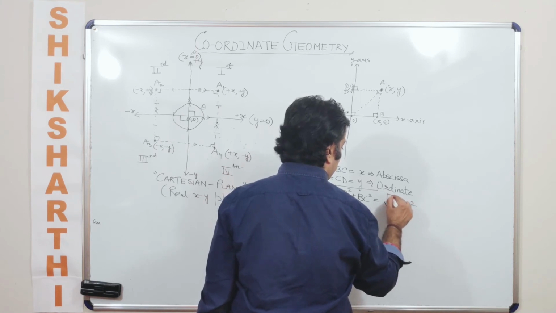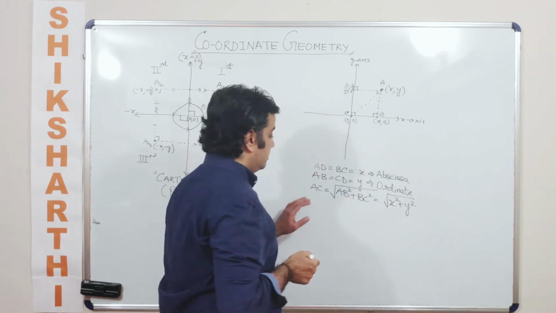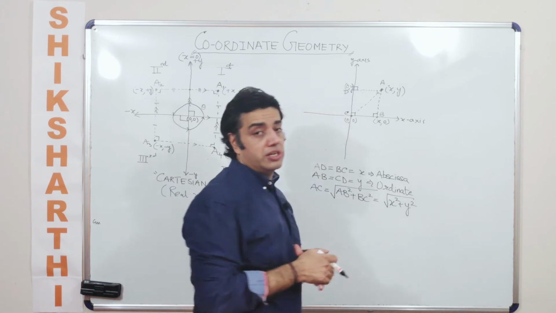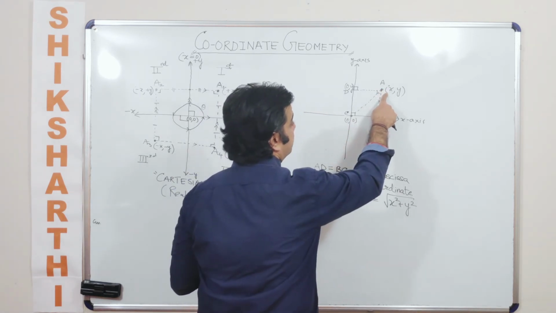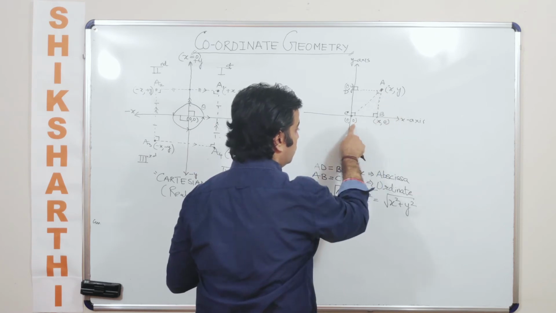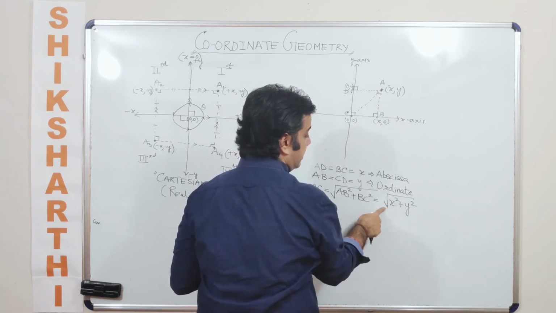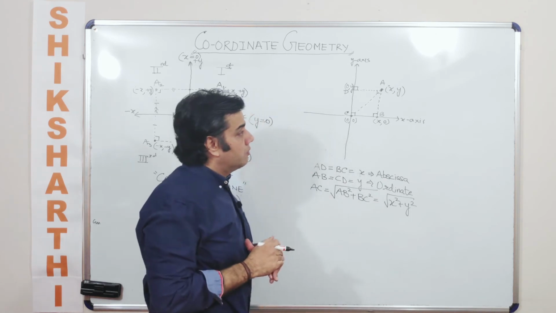So from here you learn what? You use the distance formula which arises out of Pythagoras theorem, and which says that the distance of a point x comma y from the origin is nothing but under root of x square plus y square.